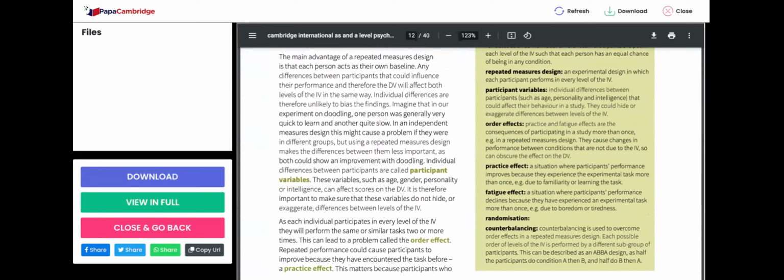However, the disadvantages include, first, practice effect, which means that because you'll be part of all the experimental conditions, there is a high chance that you've gained practice of that particular experiment, and that is going to improve your performance in it. That's one thing. Then the second thing is called order effects.